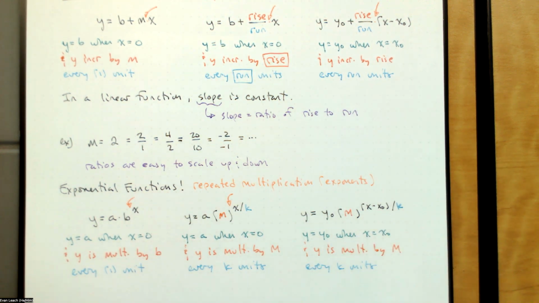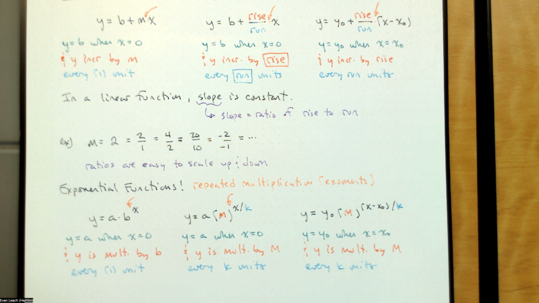It's the same structure that we had in a linear function, but the rise and the run aren't in the same fraction now. Because in the linear function, we weren't dividing the rise by the run. We were dividing the x by the run to see how many times we're doing the operation.